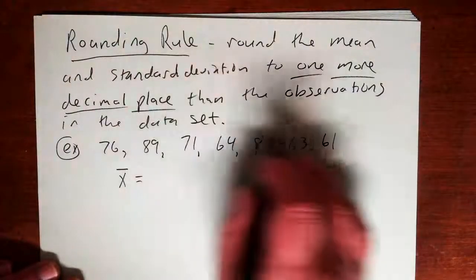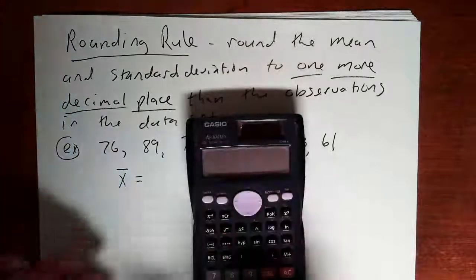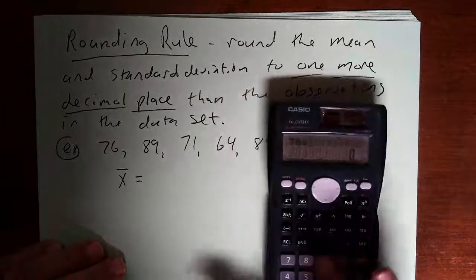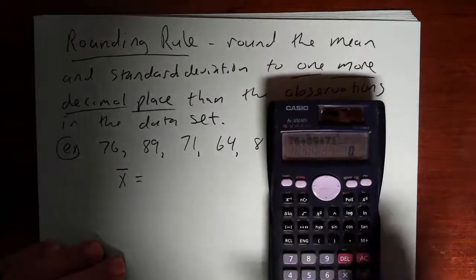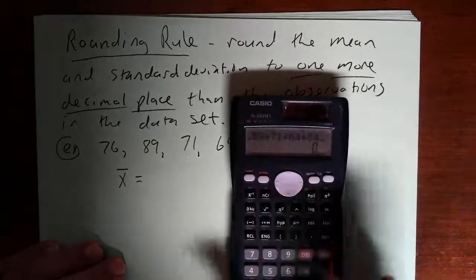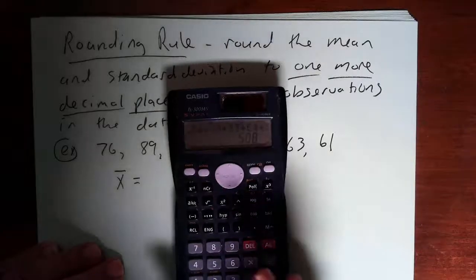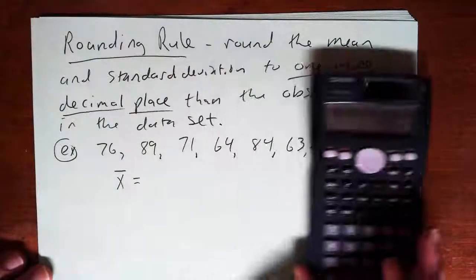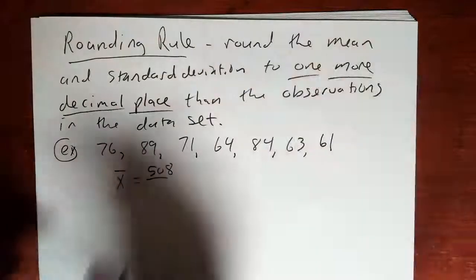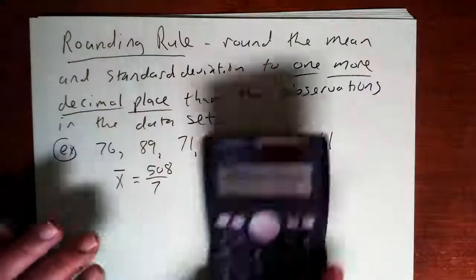If we add all these up, 76 plus 89 plus 71 plus 64 plus 84 plus 63 plus 61, they all add up to 508. Okay, and we're going to divide by 1, 2, 3, 4, 5, 6, 7. Divide by 7.